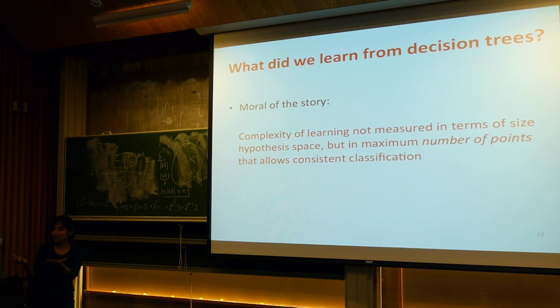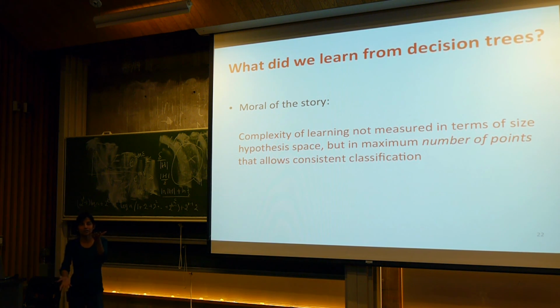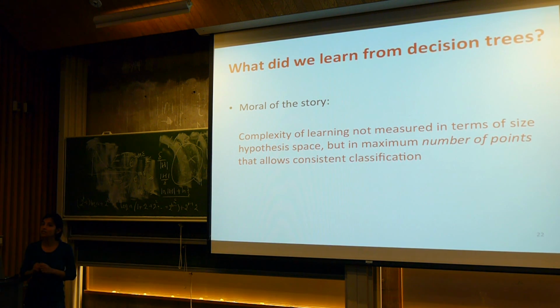If we allow k leaves, then k is the number of data points we can hope to correctly classify, so that one lies in each leaf. So we should be thinking about, given a hypothesis class, what's the maximum number of data points that you can consistently classify using that hypothesis space? That's a better measure of the complexity of that class than looking at the size of that hypothesis space.